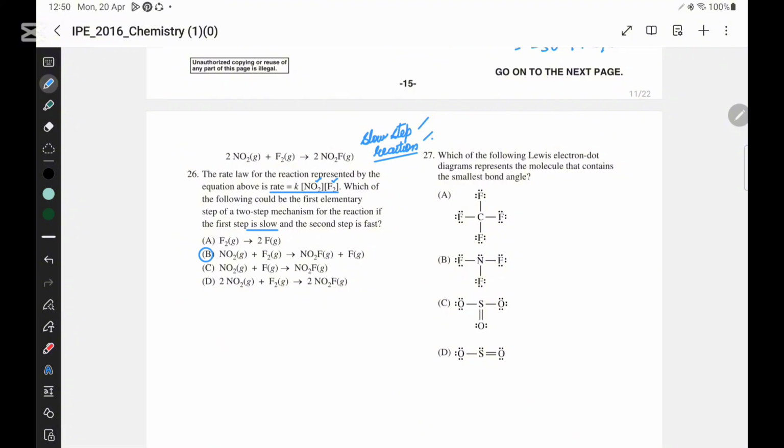So next question: which of the following Lewis electron dot diagrams represents the molecule that contains the smallest bond angle?